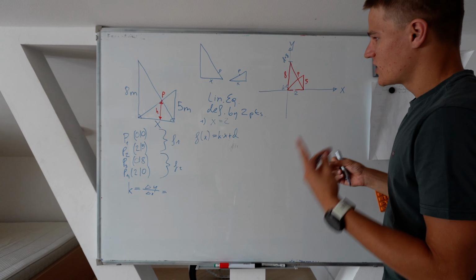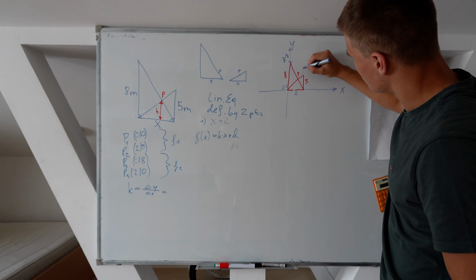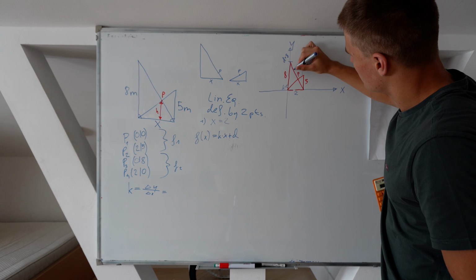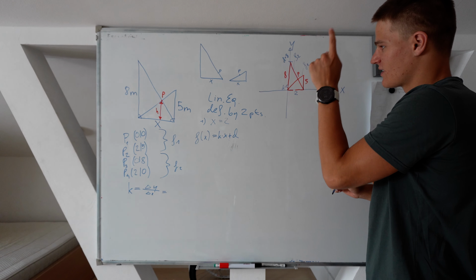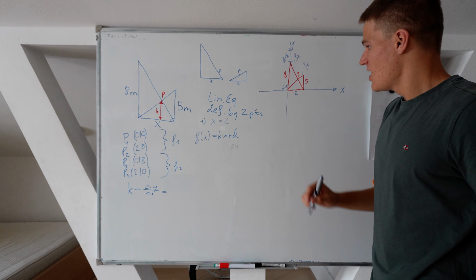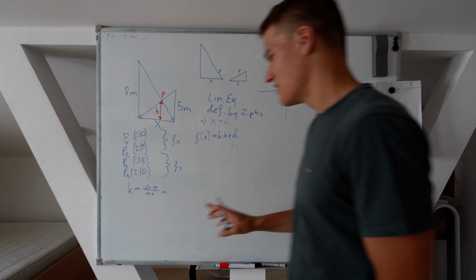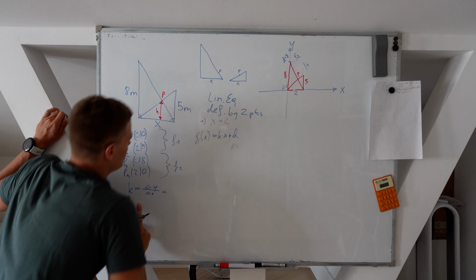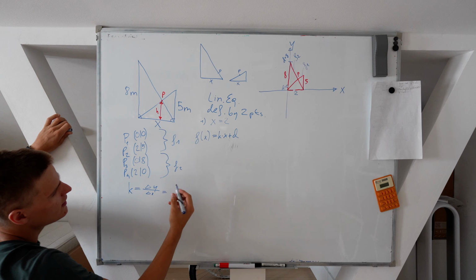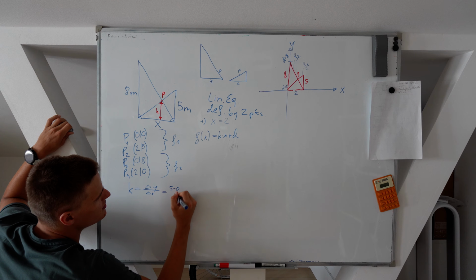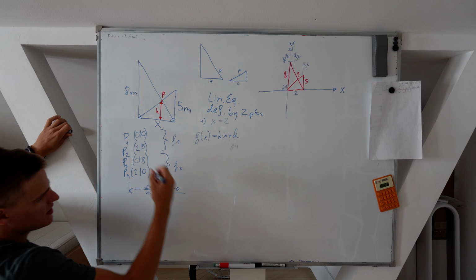So you already know, from function 1 and function 2, that function 1 must be positive because it's going up. So that means that this k must be positive. Okay, delta y. What is our delta y? We have 0, 5. So that means 5 minus 0 over 2 minus 0.